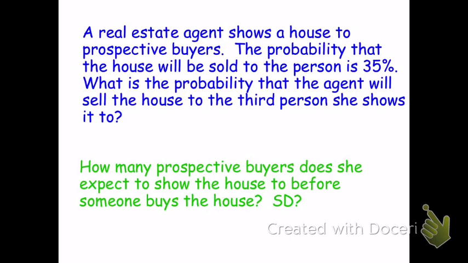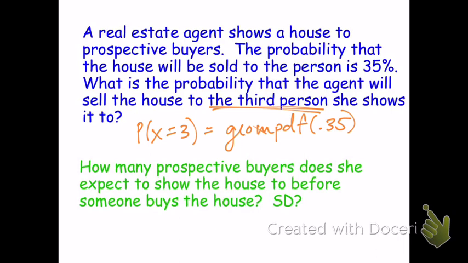Binomial. No, it's geometric, because it doesn't give me a fixed number. So the probability that it sells to the third person, so X equals 3. Geometric PDF, probability is 0.35, and 3.